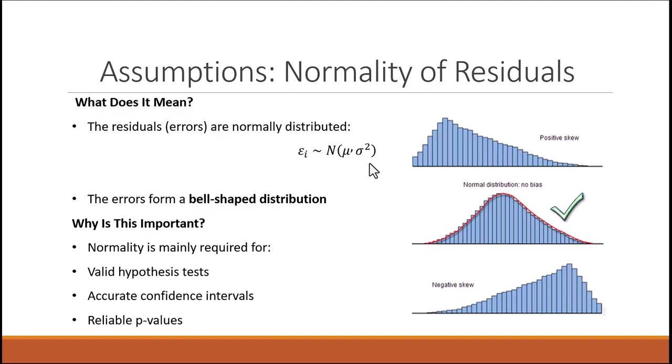And if you see that they do not follow the normal distribution, then you should use some other methods to make them normal, for example, to make your variables normal. Log transformation is a very popular method that you can use for normalizing your variables.